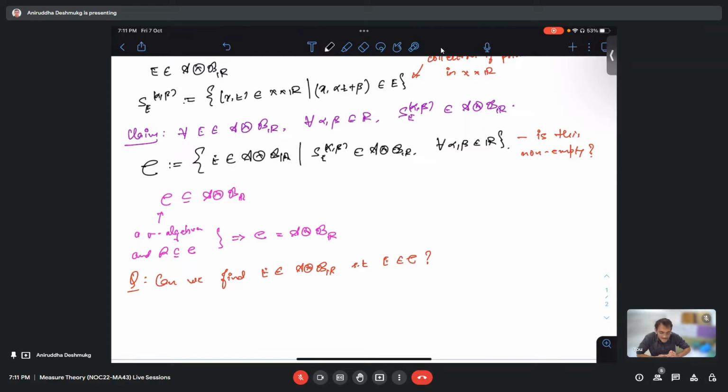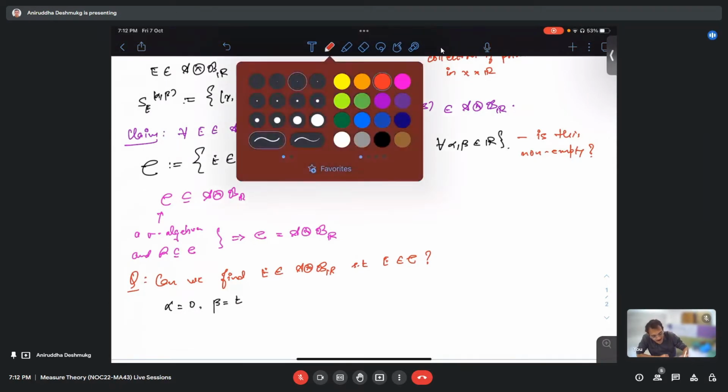We're given that x and alpha plus beta t belongs in E, and x t is contained in the product of the set X cross R. If we choose alpha to be 0 and beta to be t, then... No, no, but beta should not depend on t, right?